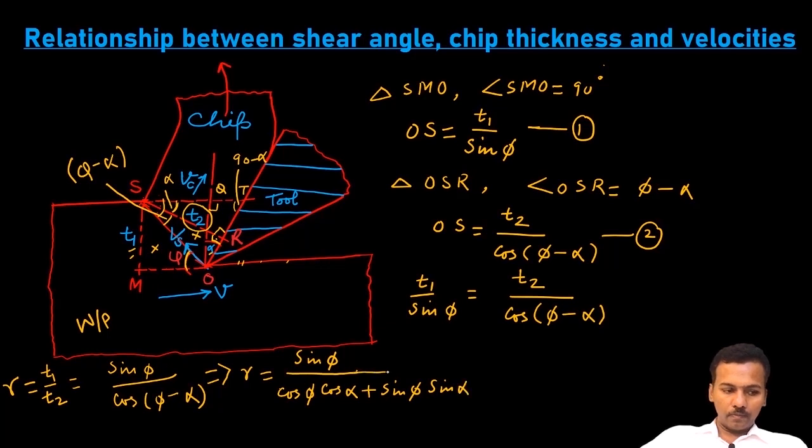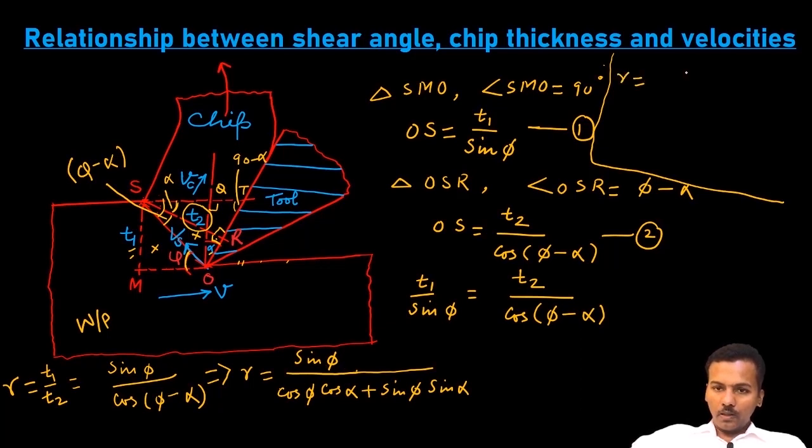Okay, divide this numerator and denominator by the cos phi. When you divide by the cos phi, what happens? r equal to sine phi upon cos phi equal to tan phi. So write here r equal to tan phi upon, again when you divide here by cos phi, the cos phi will be cancelled out.